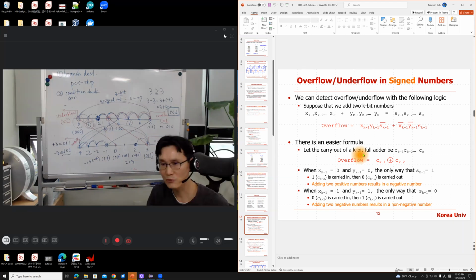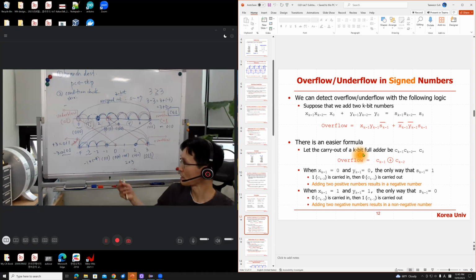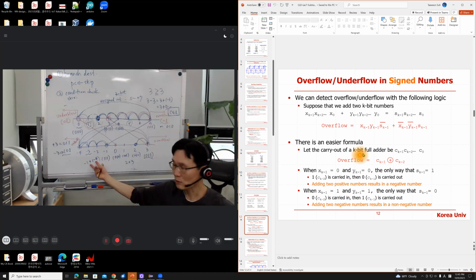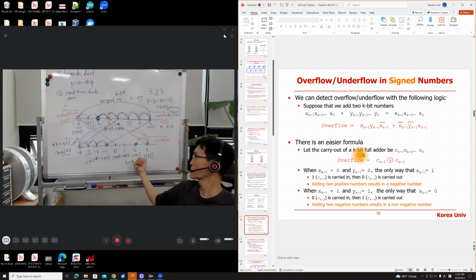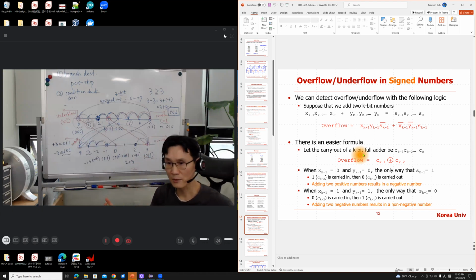So we are using that characteristic. Two negative numbers: the sign bits are 1, but the actual answer, 1, 2, 3, 4, has sign bit 0, right? So the sign bit got changed, right? So that is the underflow condition.